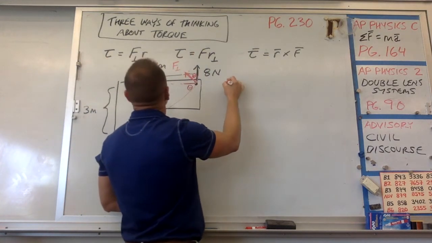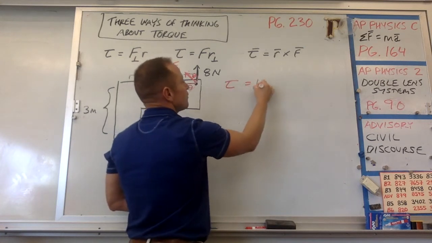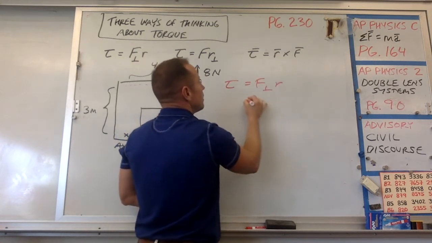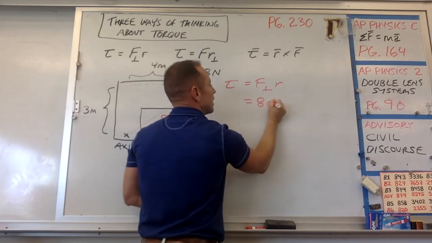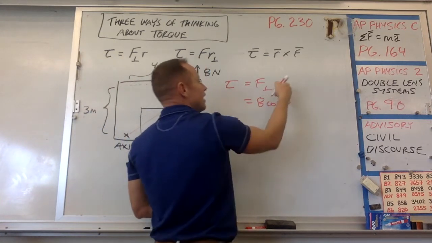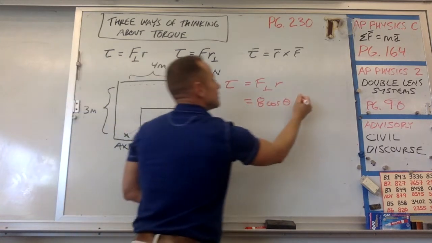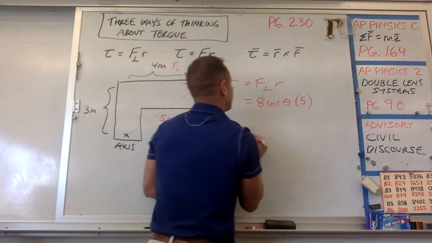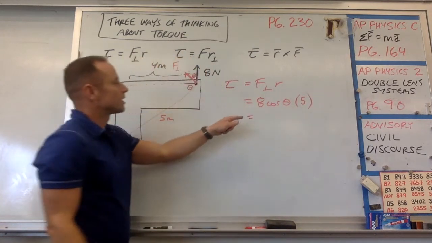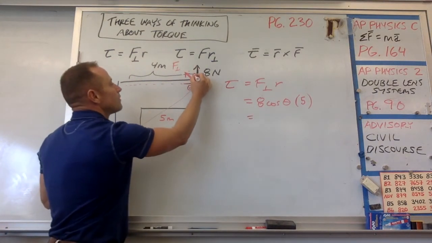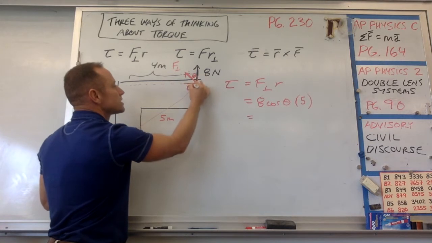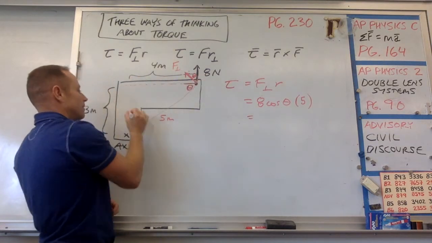So in this case, if we go to use torque is Fperp R, well, Fperp is going to be 8 cosine theta. And then the R is going to be 5 meters, times 5. Well, just continuing along with this, cosine theta, if this is our angle theta, which is also the same as this one, right?